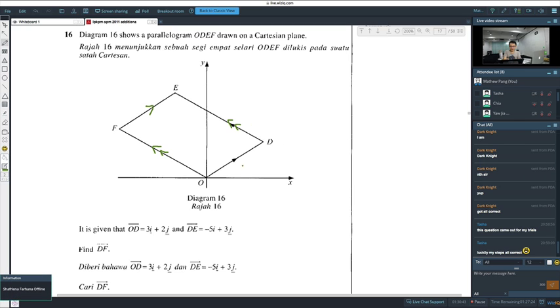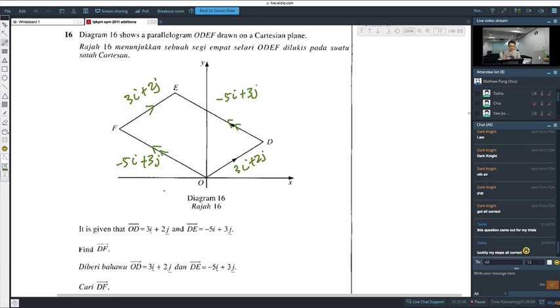So if OD equals 3i plus 2j, then I know FE is 3i plus 2j also, because they are exactly the same. So if DE equals negative 5i plus 3j, I know my OF should be negative 5i plus 3j also.